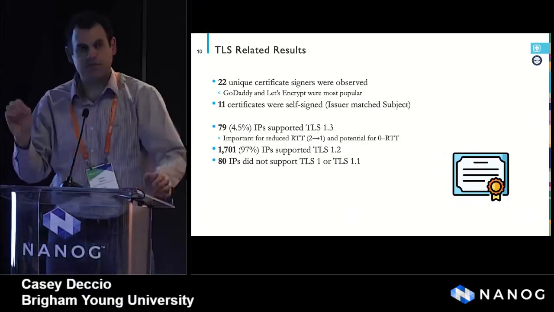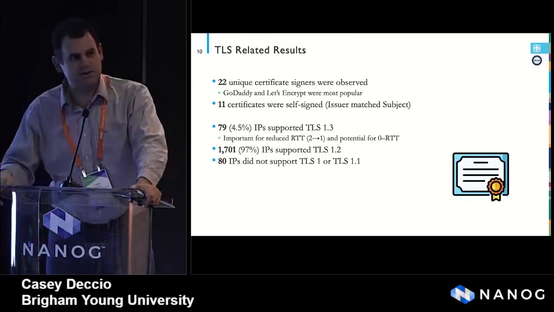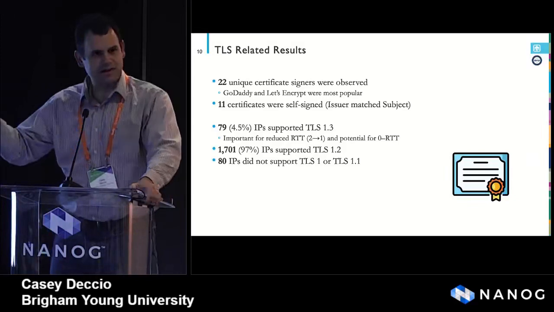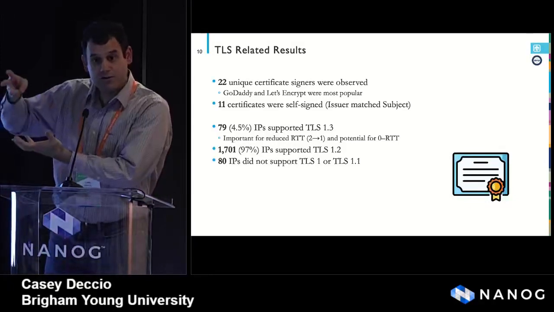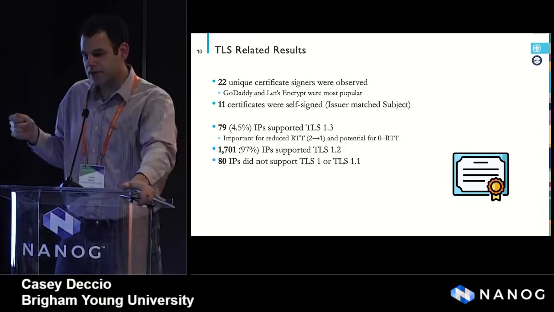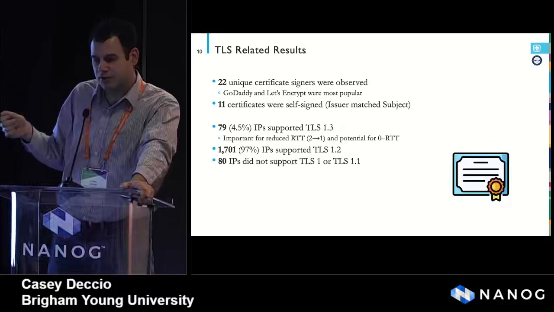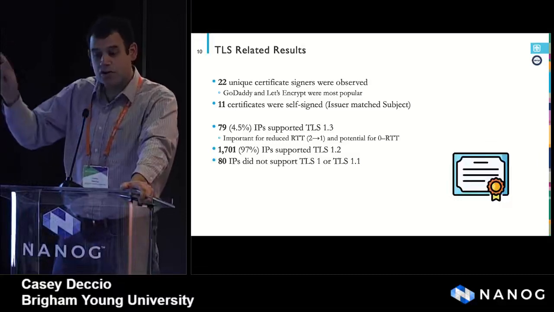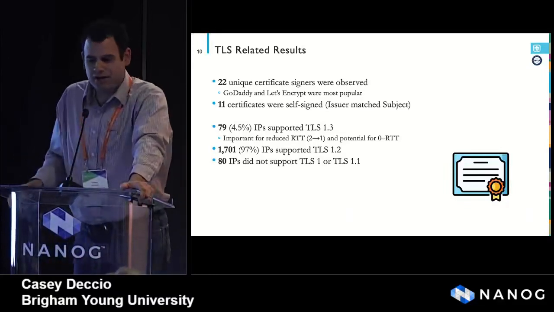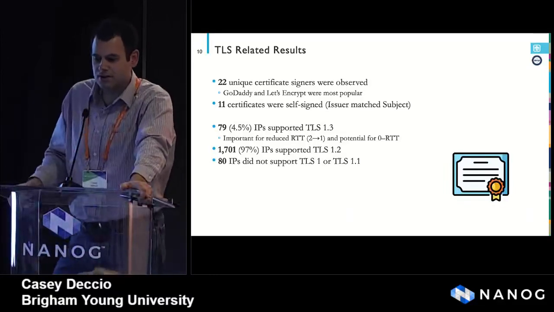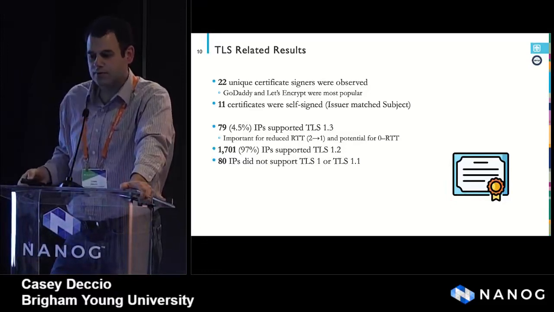One of the neat features of TLS 1.3 is that it supports something called zero RTT. Remember I talked about going from 1 round trip time with traditional UDP to 3 round trip times. If you use zero RTT and TCP fast open, which I'll talk about a little bit later, you can potentially get things down to 1 round trip time, which is really great. But only 4.5% of the IPs supporting DoT were actually implementing this. So there's some room for growth there in terms of deployment.